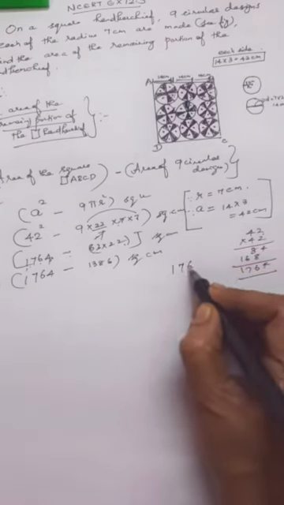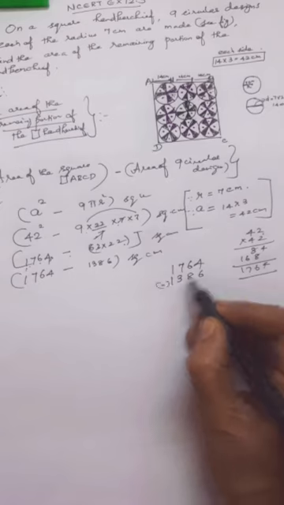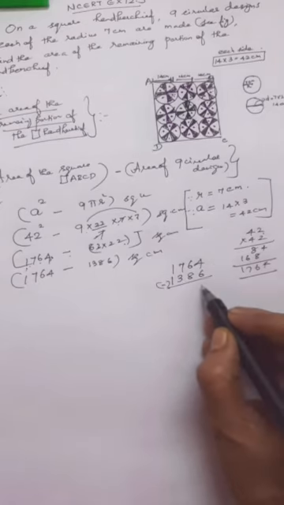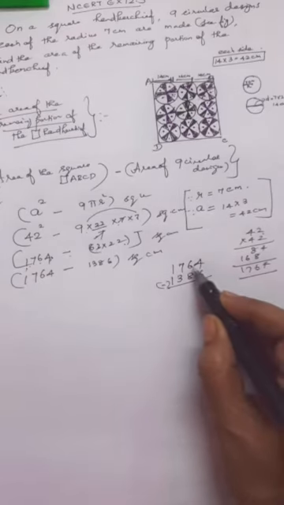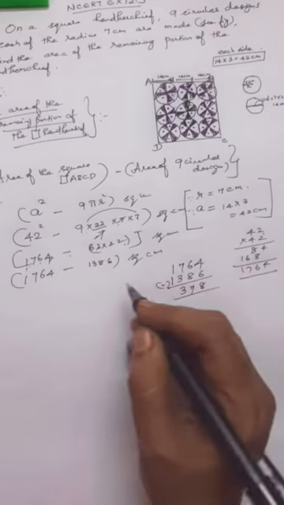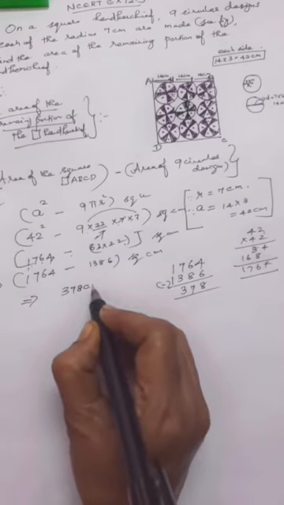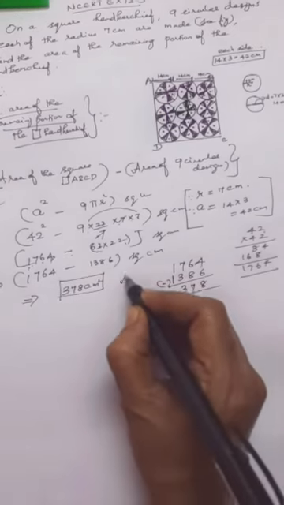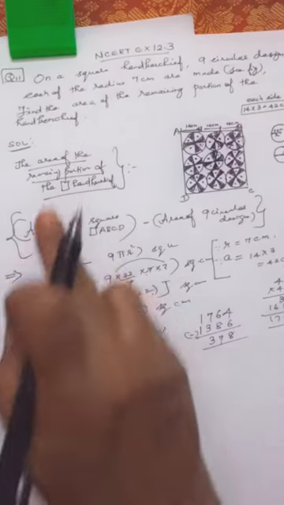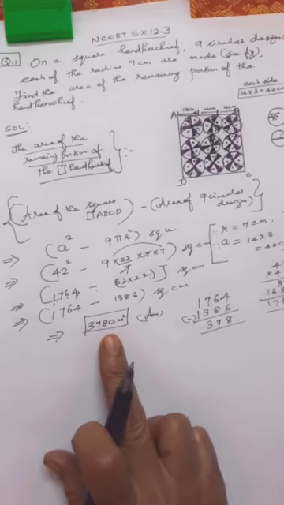Now we subtract 1386 from 1764. The answer is 378 centimeter squared. So if you subtract the area of the 9 circular designs from the area of the square kerchief, you get the answer as 378 centimeters squared.